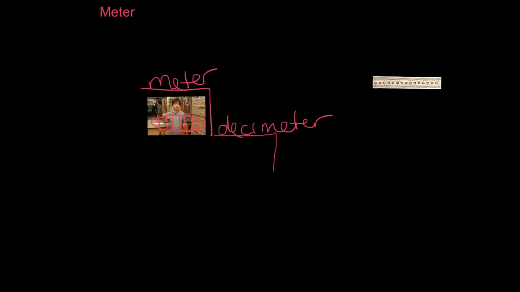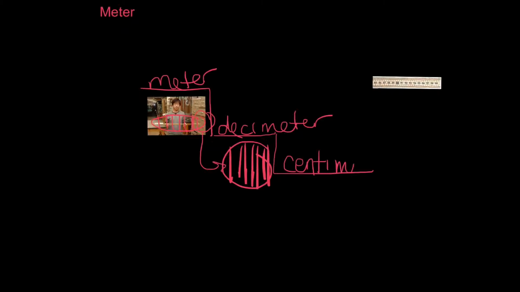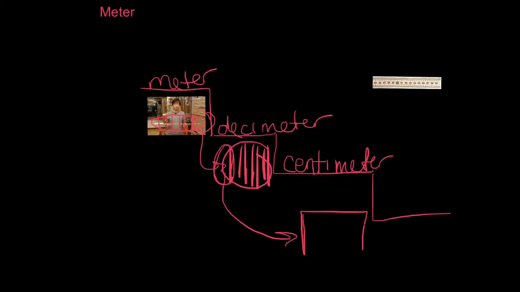And then, if we want to section one of those sections off into 10 little pieces, each one of those pieces is a centimeter. And then, if we go even smaller than that, take 1 centimeter, and we separate that little centimeter into 1, 2, 3, 4, 5, 6, 7, 8, 9, 10.